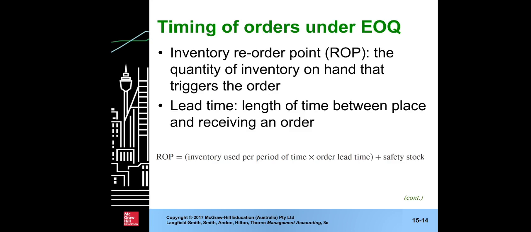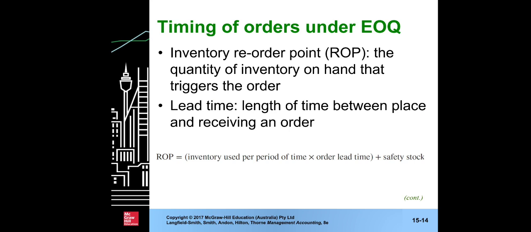And then see, this is about the timing of orders under EOQ. The inventory reorder point is the quantity of inventory on hand that triggers the order. EOQ is the quantity of order that a business has to choose. Now, timing: when is the time to reorder?